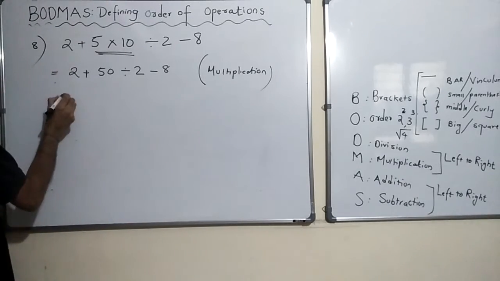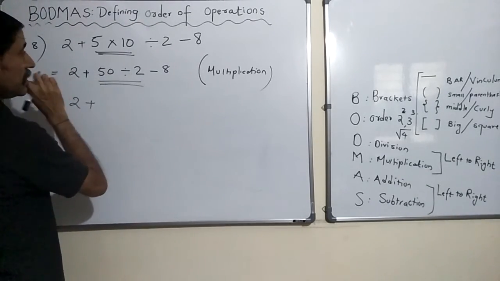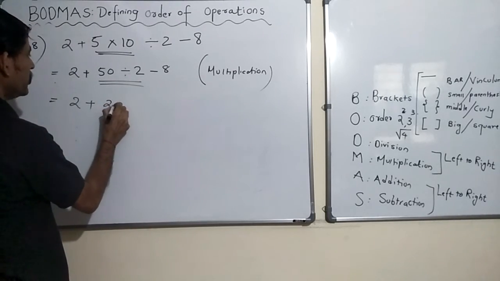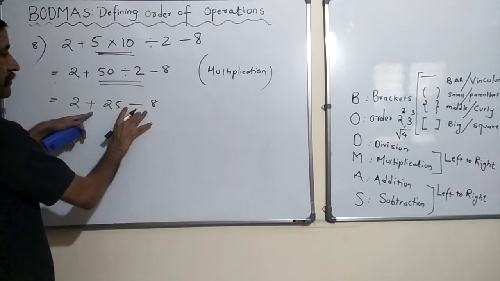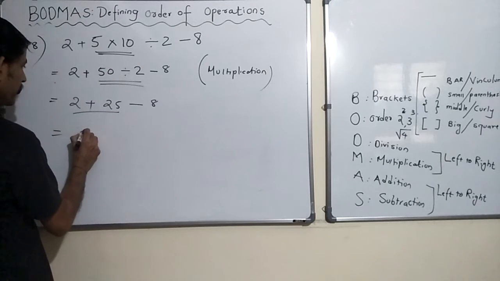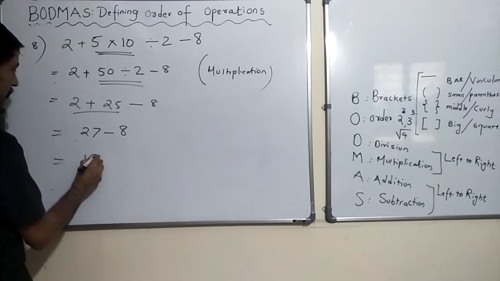All right, good. Let's solve this quickly. Division has more priority than addition or subtraction. This becomes 25 minus 8. Okay. Addition and subtraction, same priority. Go from left to right. So this becomes the priority for me. 27 minus 8. This becomes 19.